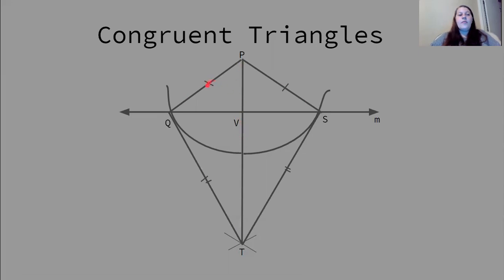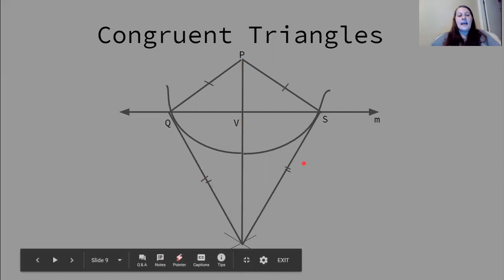Now we move on to line segment PQ and line PS. And we can see that there's a dash mark on each line. That indicates that these lines are congruent. And the same with line QT and TS. They have two dash marks indicating that that line is congruent as well.